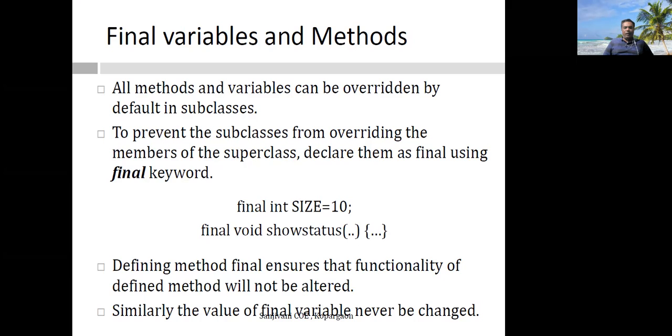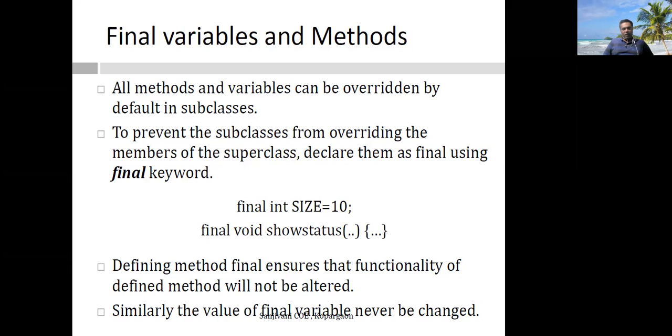When we declare variables and methods as final, we cannot redeclare the same variables inside the subclass, or write the implementation of the same method inside a derived class. When the final keyword is used for declaring variables or methods, it will avoid the overriding of the methods and variables.